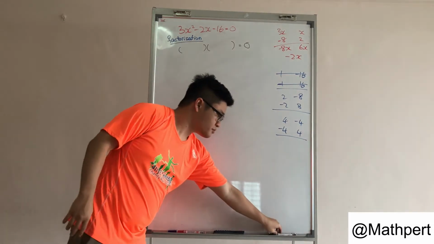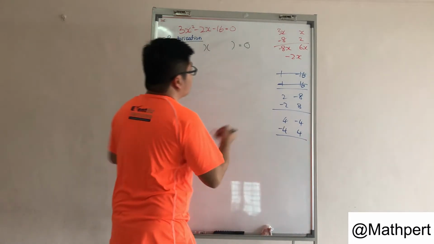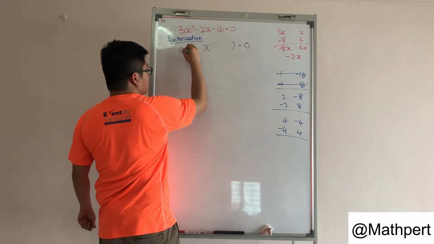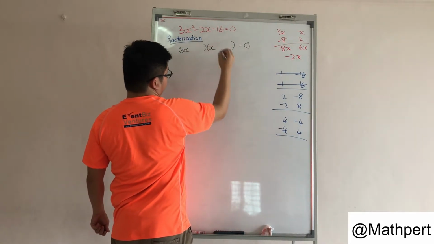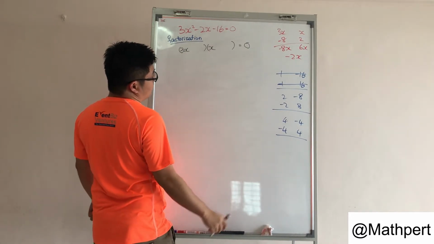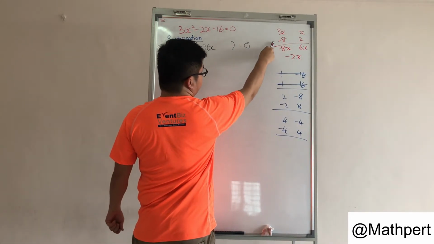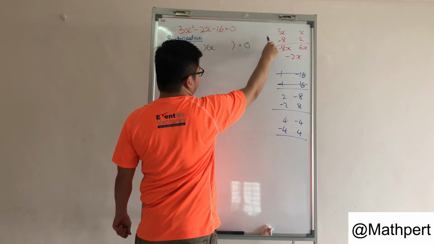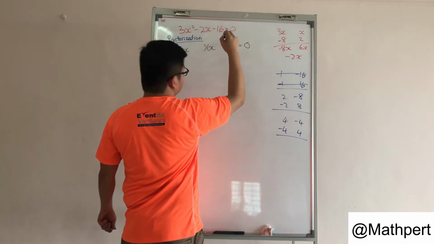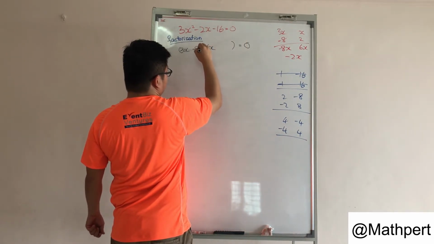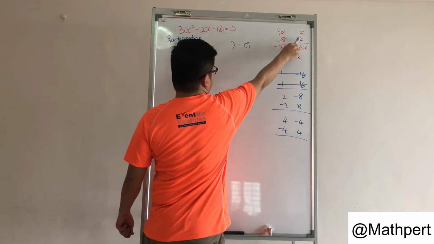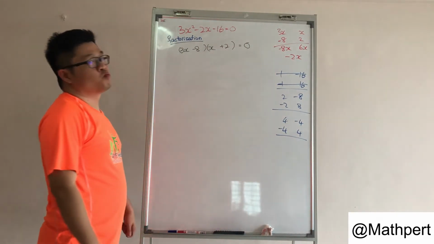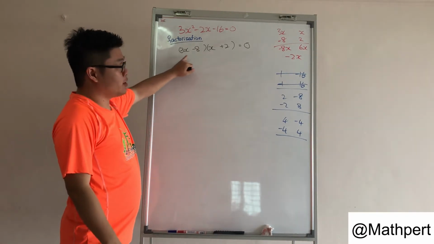And then 3x and x. 3x we put over here, x we put over here. Negative 8 and 3x are under the same column, so we put in negative 8. 2 and x in the same column will be positive 2. Let's check whether we put it right or not.